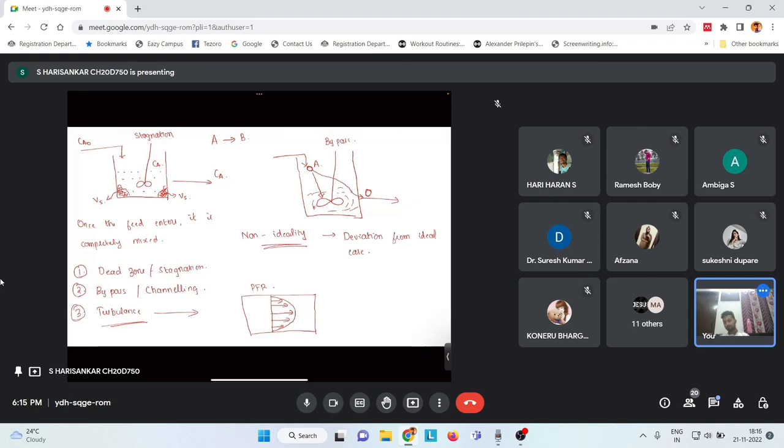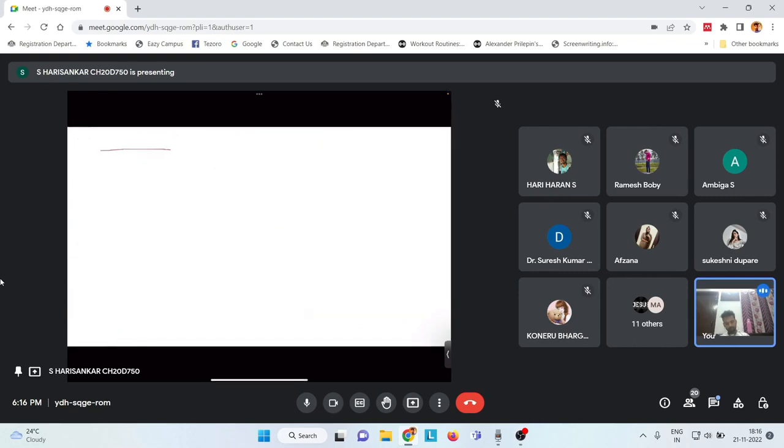To account for non-ideality, we use something called residence time distribution, or you can even call it RTD. A residence time is basically, let's take a case of a PFR. This is the entry point of the PFR and this is the exit point.